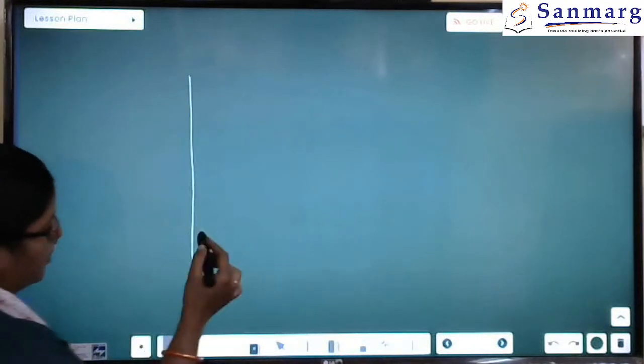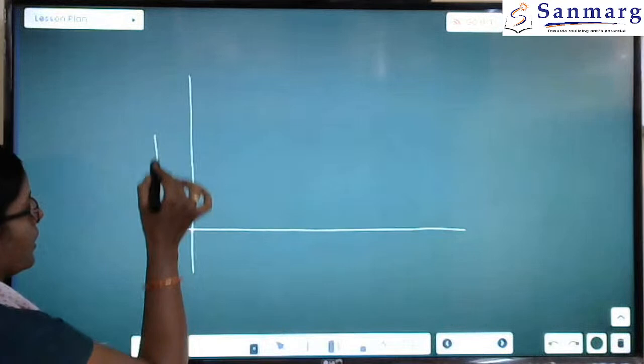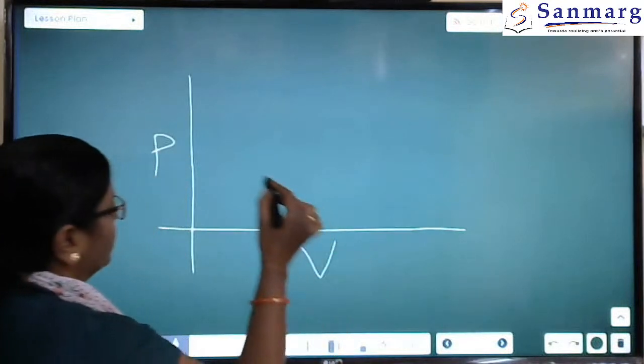So first you have to plot a graph, pressure versus volume.